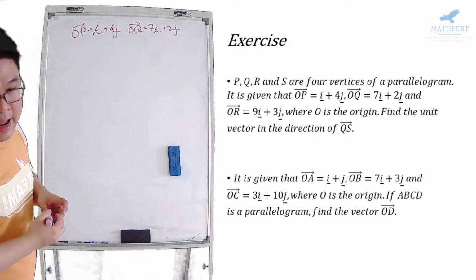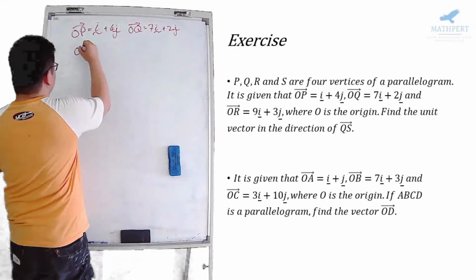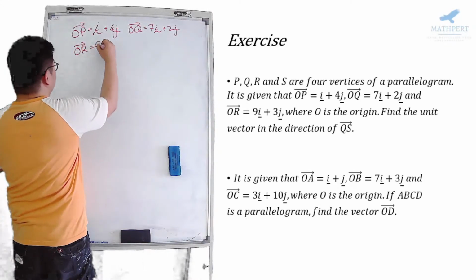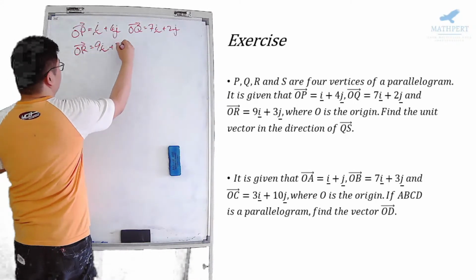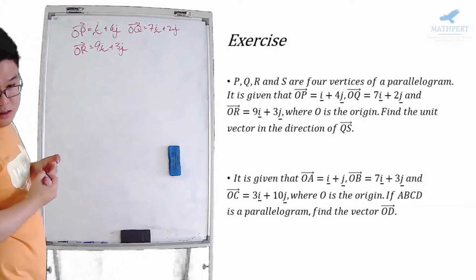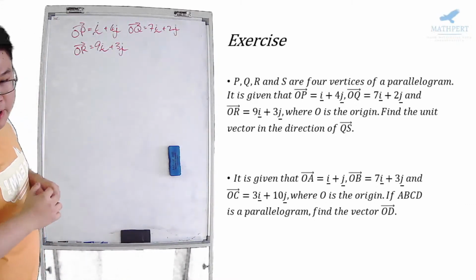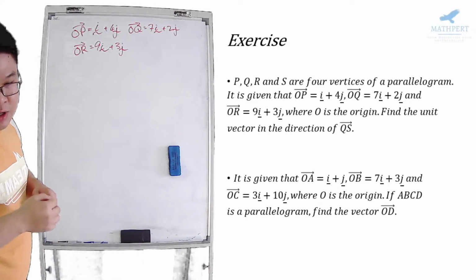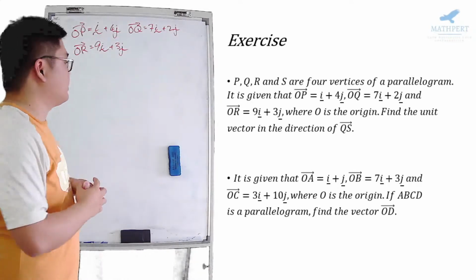OR is 9i plus 3j. Where O is the origin, find the unit vector of the direction QS.